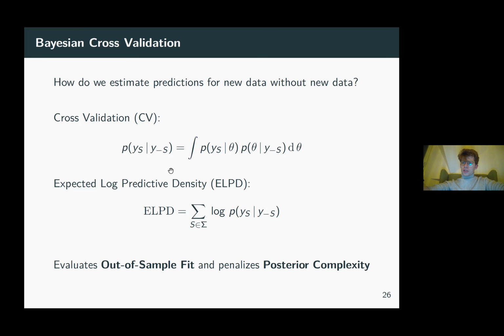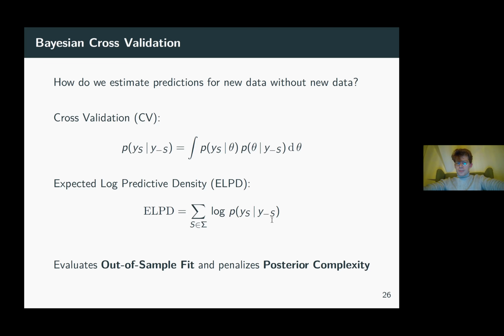So when we're doing cross-validation, we're interested in the posterior predictive distribution of the new data, y_s, given all the old or training data, y_minus_s. And to make sure we are not just depending on that specific s and minus s data split, we're going to do that for a lot of different data splits. Then we sum over the results.